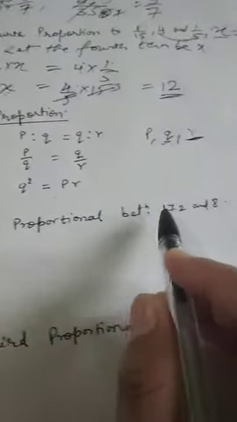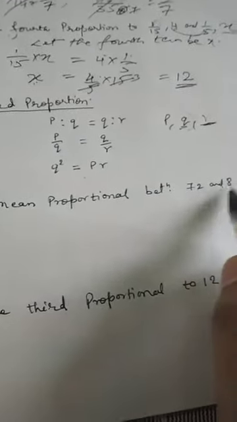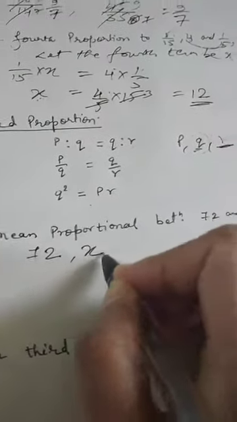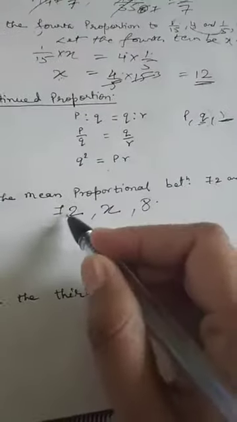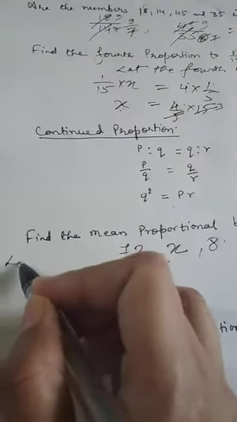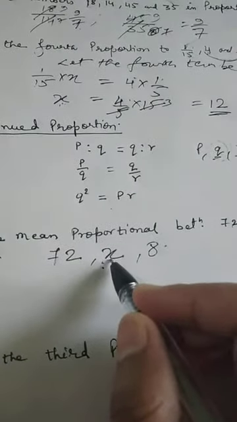Find the mean proportion between 72 and 8. Whenever you have to find the mean proportion, you will apply this rule. So let the mean proportion be X. I have written X in the middle term.